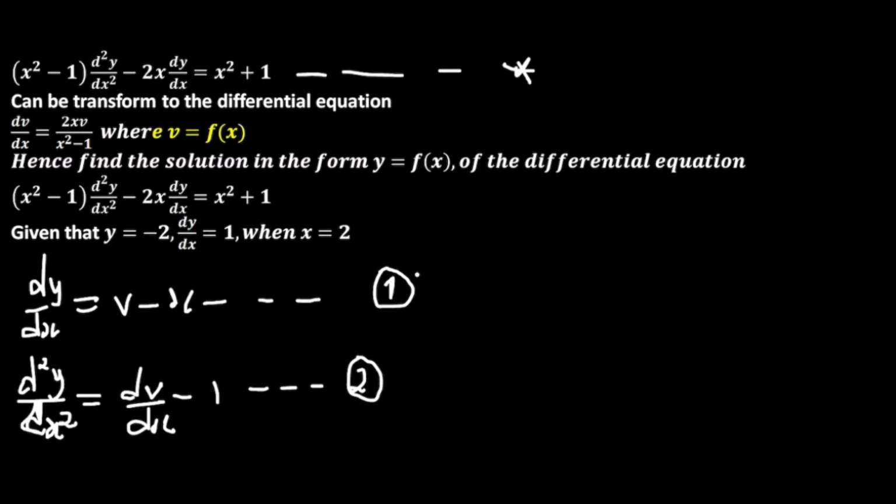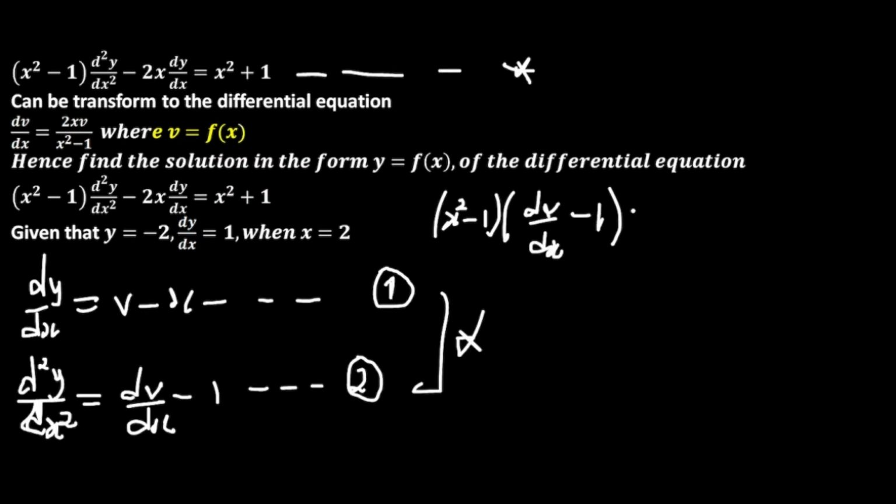So substituting equation 1 and equation 2 in equation star, we're going to get x squared minus 1 times dv over dx minus 1, minus 2x times dy over dx which is v minus x.